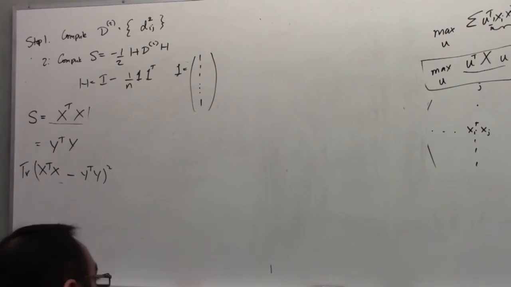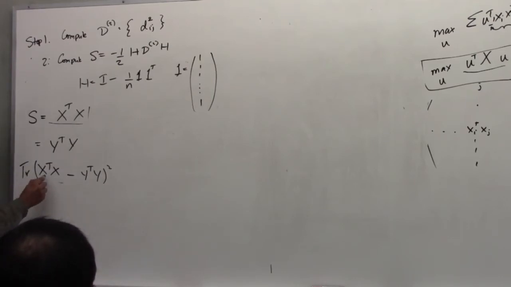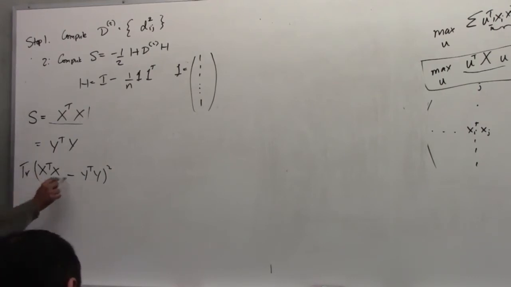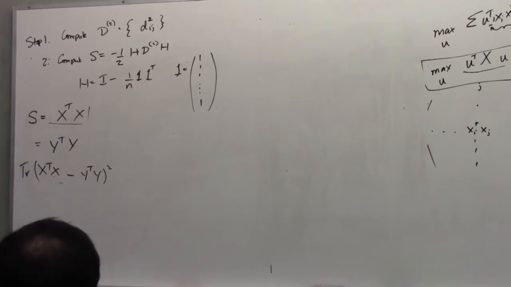And again, not surprisingly, you can use the SVD to solve this problem. The derivation is actually in the notes, but I can just jump ahead and say, what you're trying to do is minimize this quantity.